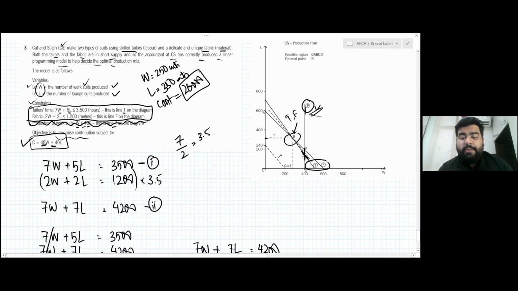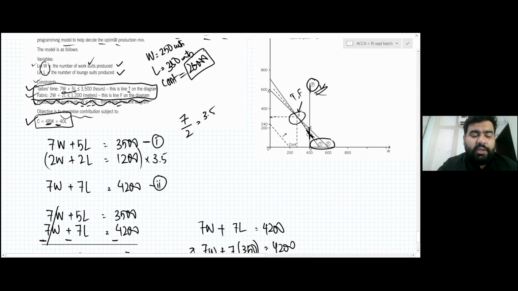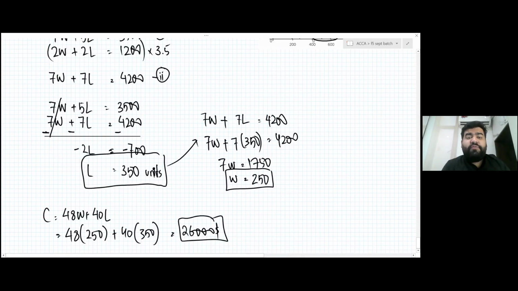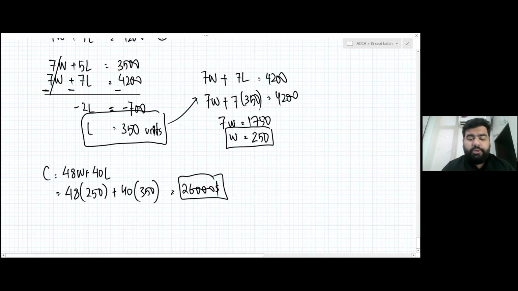Using this point B, because it's the optimum point, we have taken the equations of both lines, for tailor time and fabric. The equations we have taken are 7W plus 5L and 2W plus 2L. Accordingly, we have calculated the number of units of L and W. From that, we put the number of units in the contribution equation to calculate the maximum contribution the company can earn.